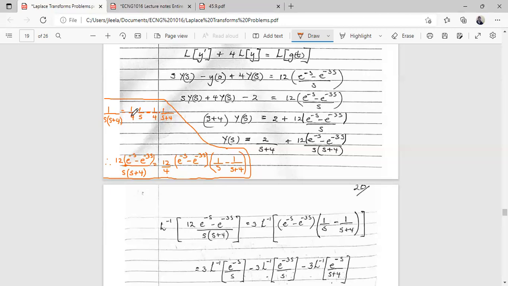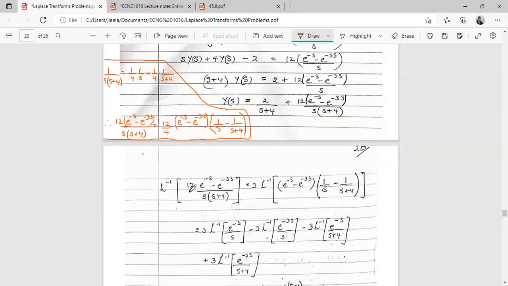So what I did here, the quarter is common to 1 over s and 1 over s plus 4. So I pull out the quarter, right? And remember I have a 12 here, so I pull out the quarter and I have 12 over 4. And then I have to multiply the partial fraction here that we decomposed by e to the minus s minus e to the minus 3s. So this here will give me 3, right?